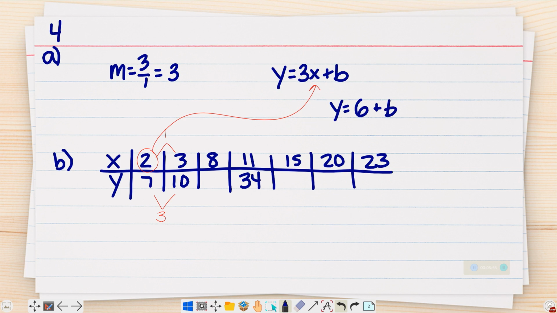I am supposed to get a y value that is 7. Right now I have 6 plus something, and I need it to equal 7. Seven is 6 plus 1, which means my b value must be 1.